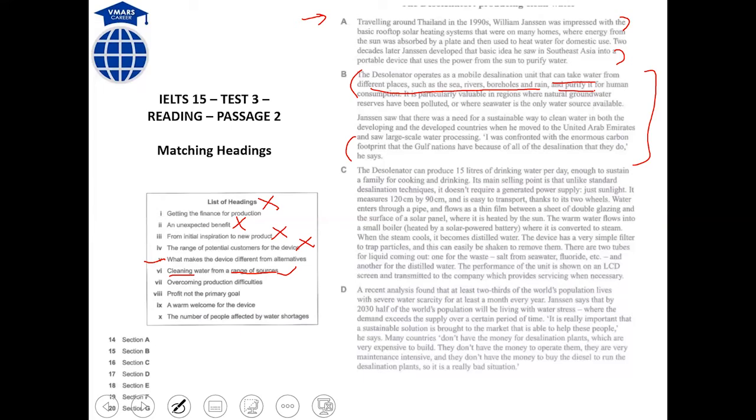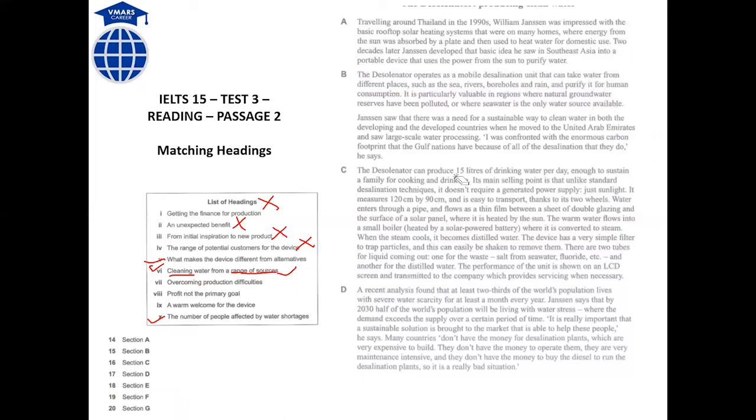So B is, the right answer is cleaning water from a range of sources. So we actually mark 6th, we mark 5th, and we mark 10th as we have already taken them. We'll do one more example for the first few and the last few lines to read so that you understand this way better.